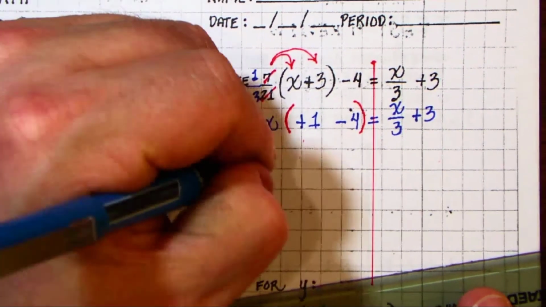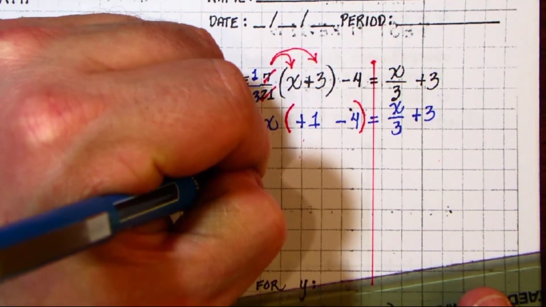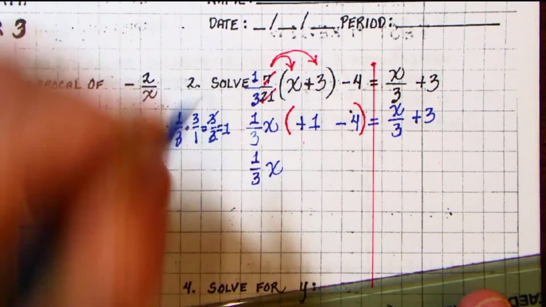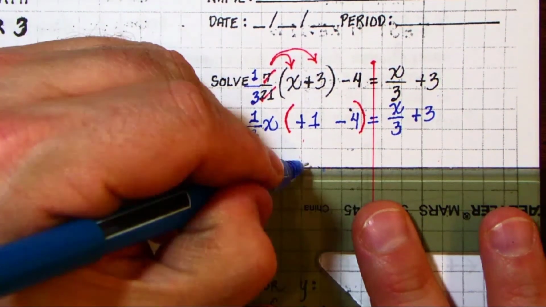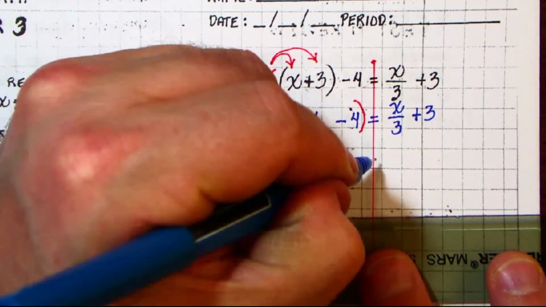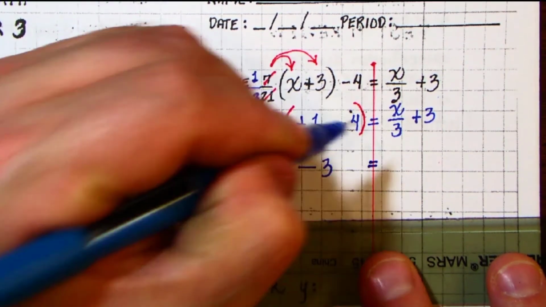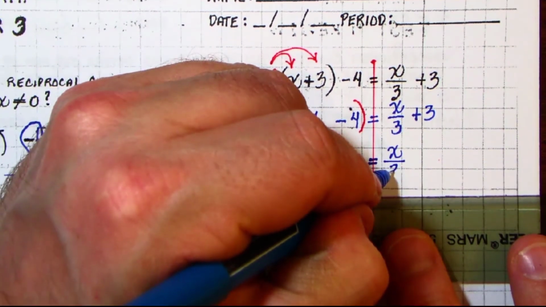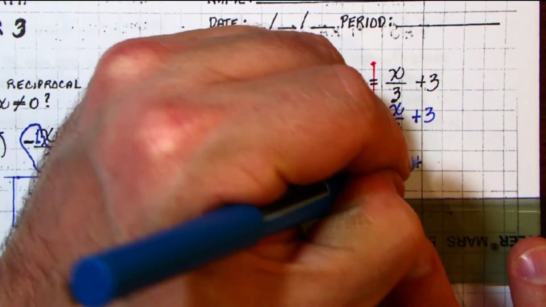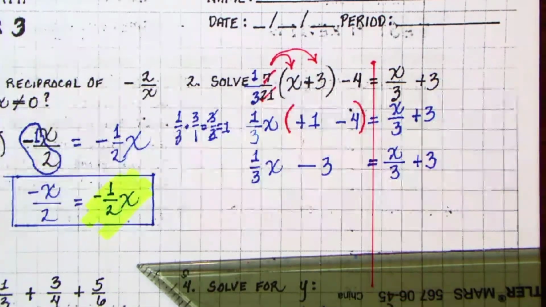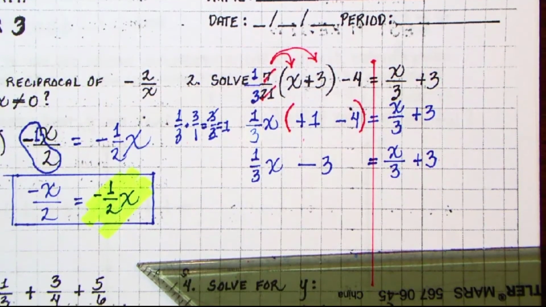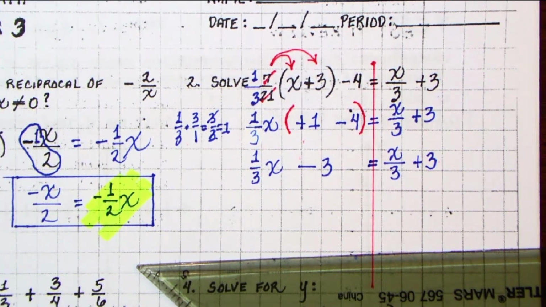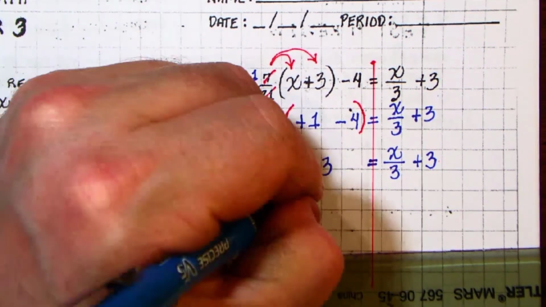So let's rewrite 1 over 3x minus 3 equals x over 3 plus 3. What shall I do next? Add 3. Good job, Andrew.